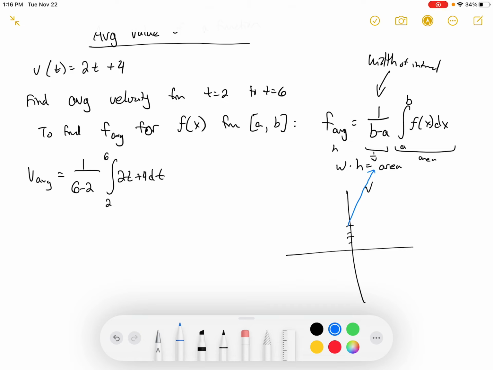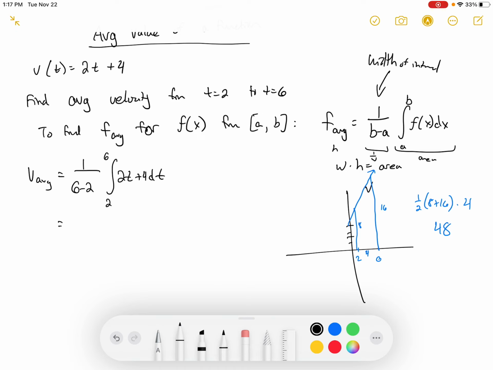It's kind of steep, and we're trying to find the area between 2 and 6. We could find this geometrically: this is going to be a height of 16, this is a height of 8, this is a width of 4, and our trapezoid would say 1/2 times 8 plus 16 times 4. That would be the area of my trapezoid, or 48, I think. Okay, so let's actually evaluate this integral.